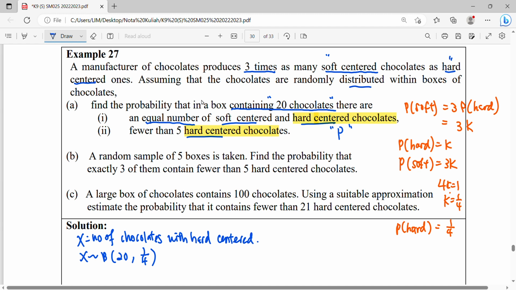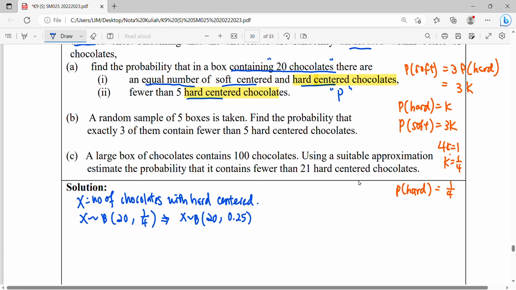We can also write in decimal: binomial, sample 20, 0.25. So for question A, equal means X equals 10. Equal number of chocolates: 20 C10, P 1 over 4 power 10, Q 3 over 4 power 10.